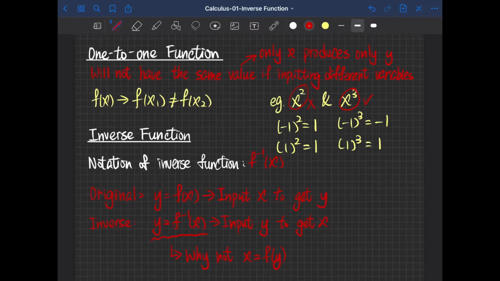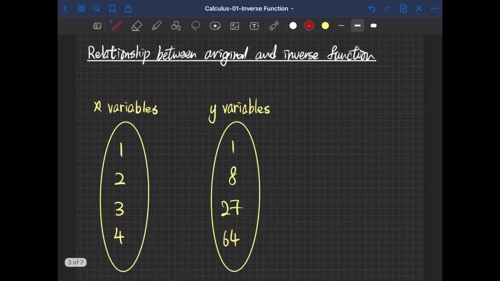And we can have a drawing of the relationship between original function and inverse function. We have the function of x to the power of 3. The left hand side is x variables, and the right side is y variables. And we're using white to present the original function and red for the inverse function.